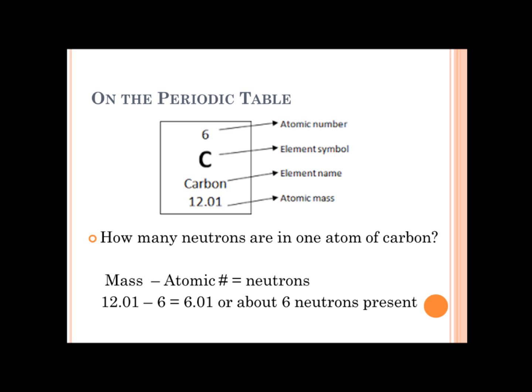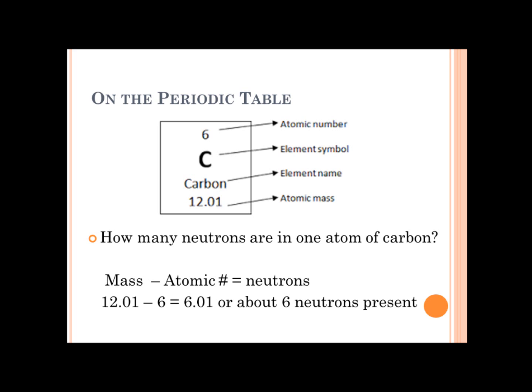So if we can figure out the number of protons, then we could subtract it and get the number of neutrons. So now we remember that the atomic number at the top equals the number of protons. So here I am, I know that 12.01 is protons and neutrons.